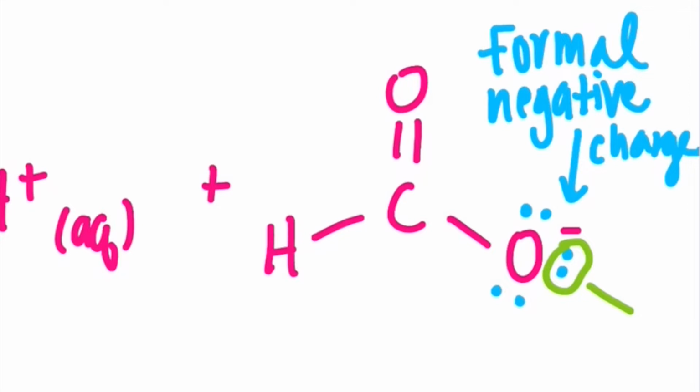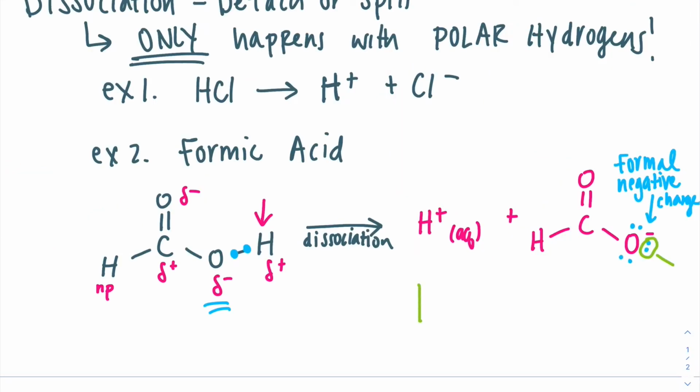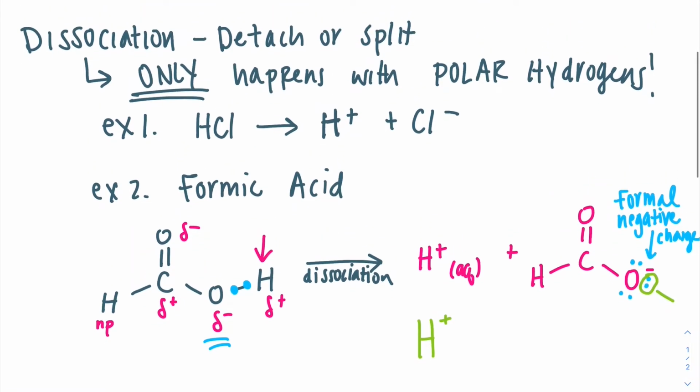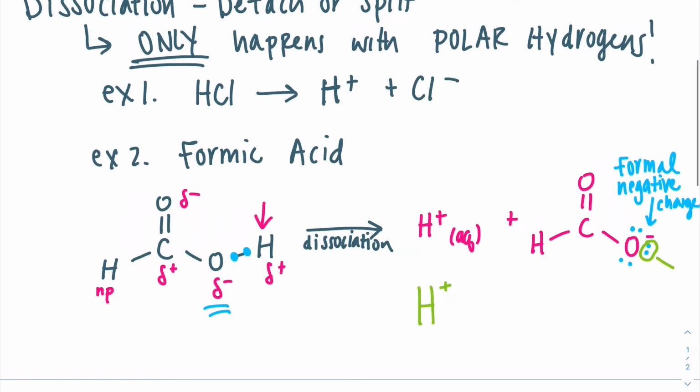And it would donate to an H+, which has no electrons around it. So you can see that acids are electron pair acceptors because it will accept this pair of electrons. And the O- has 2 electrons to donate into a bond.